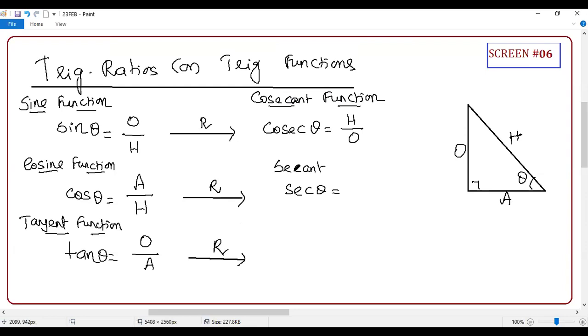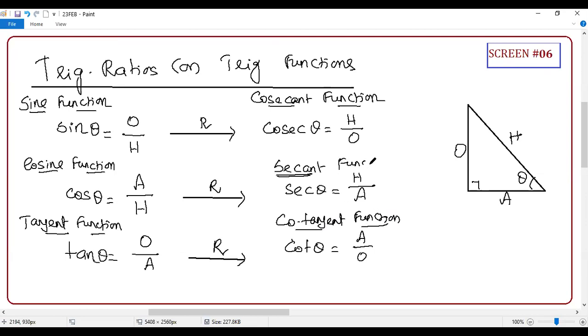What is the answer? Hypotenuse by adjacent. Then for tan, it is cot theta, adjacent by opposite side, and it's called the cotangent function. So you are getting the full names of the functions. Sec means secant, cosec means cosecant, cot means cotangent. Are you clear?